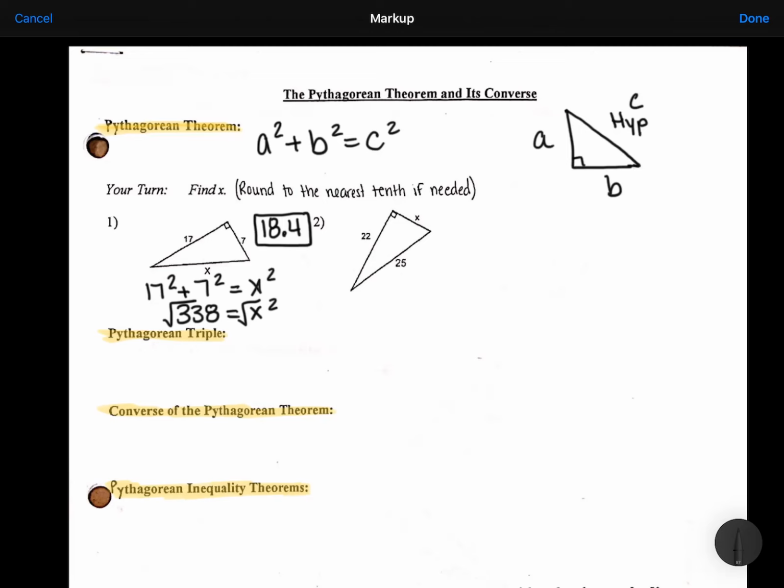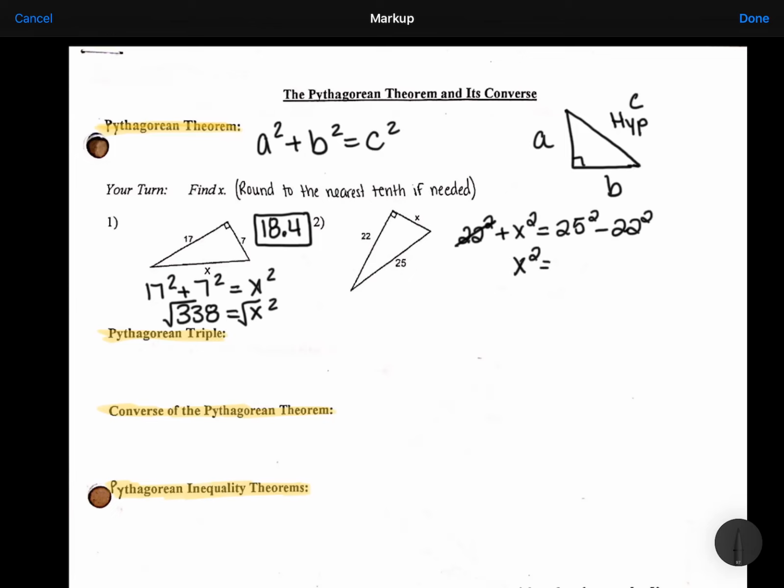Number 2, I'm looking for a leg this time, but you're still going to use the same formula, where you say leg squared plus the other leg squared equals the hypotenuse squared. To solve this equation, I need to get the x squared by itself, so we're going to subtract the 22 squared from the other side.